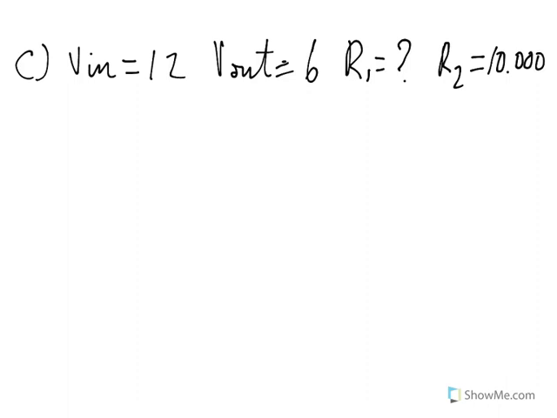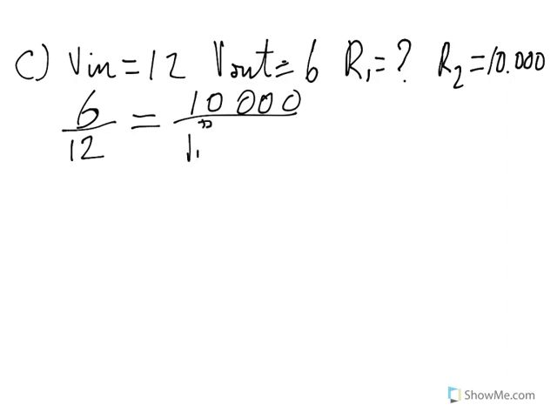Alright, so when we just use the same as we did before, V out over V in, so 6 over 12 equals R2, 10,000 over R1 plus 10,000. A bit messy here.